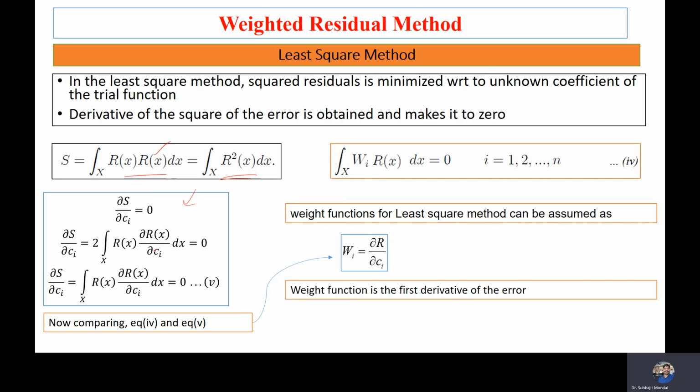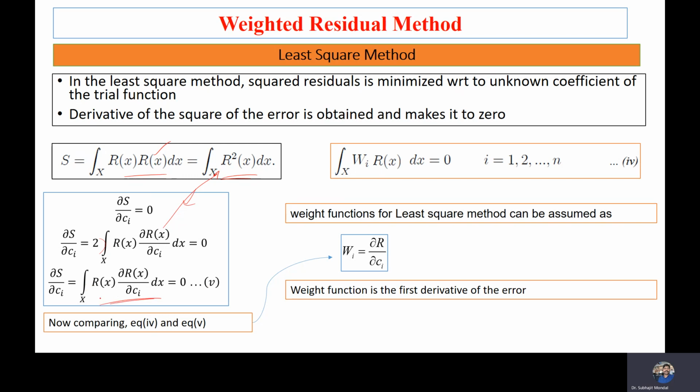If we do the derivative, what do we get? We get 2 here. We take the derivative of this square, so we get 2r delta r by delta c, and that will be equal to 0. Now if we take 2 to the right hand side, obviously it will be 0.